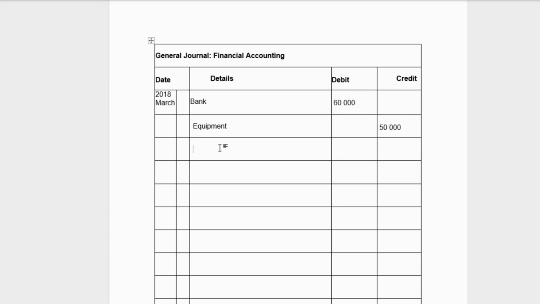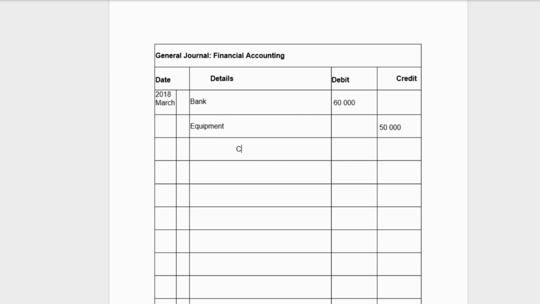We're going to credit our capital because our capital is an owner's equity account, and whenever owner's equity increases because of the contribution that the owner has made, there's an increase in capital in the business. So whenever there's an increase in capital, there's an increase in owner's equity, and when owner's equity increases, we credit.